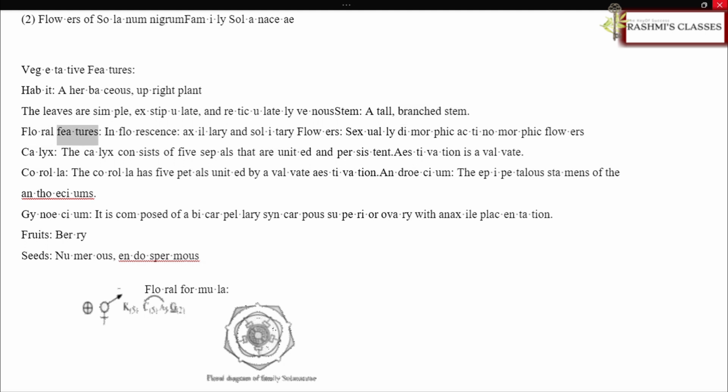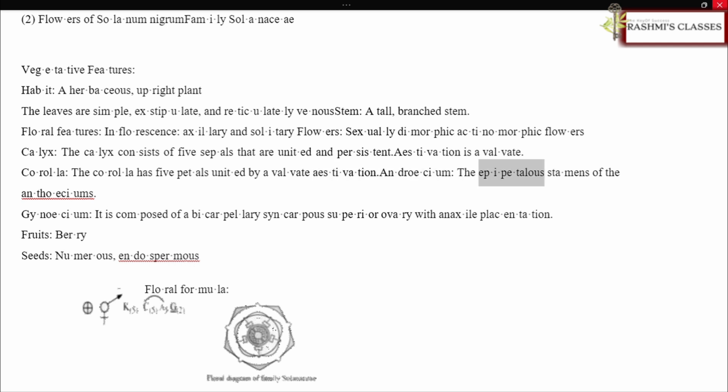Floral features: inflorescence, axillary and solitary flowers, bisexual actinomorphic flowers. Calyx: the calyx consists of 5 sepals that are united and persistent. Estivation is valvate. Corolla: the corolla has 5 petals united by a valvate estivation.